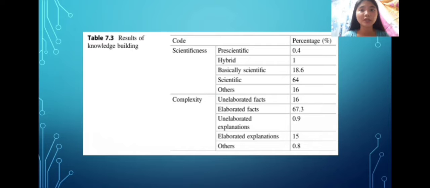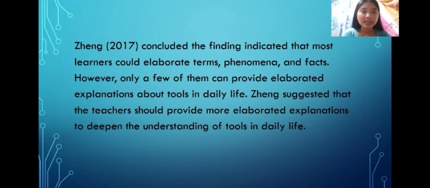67.3% of them were elaborated facts. Only 0.9% of them were unelaborated explanations, and 15% of them were elaborated explanations. Zhang 2017 concluded the finding indicated that most learners could elaborate terms, phenomena, and facts.